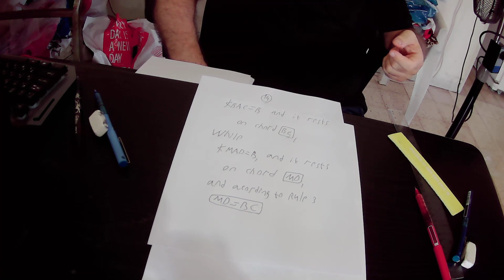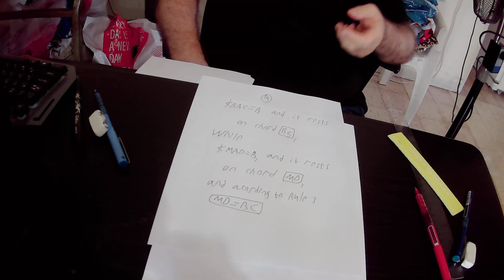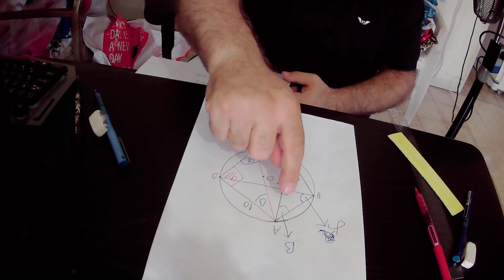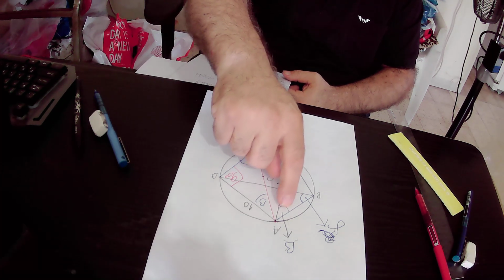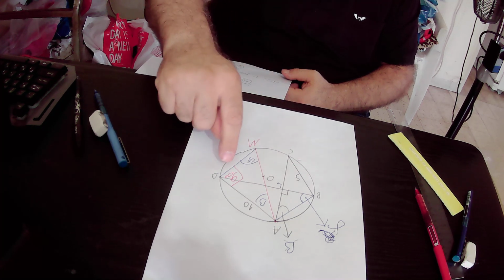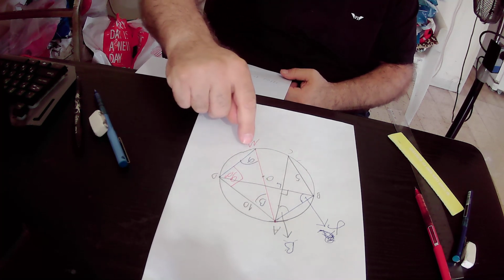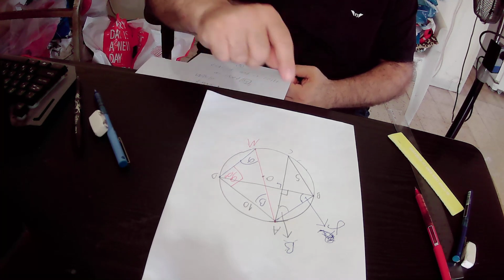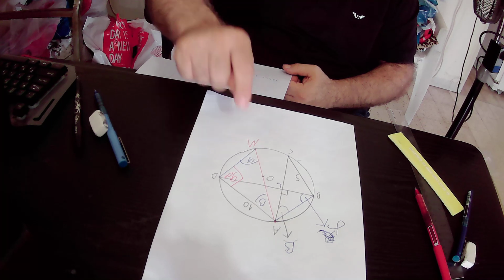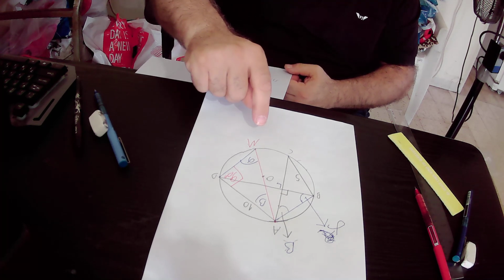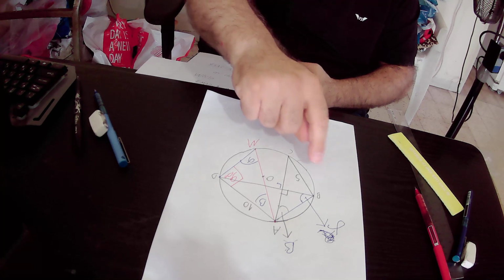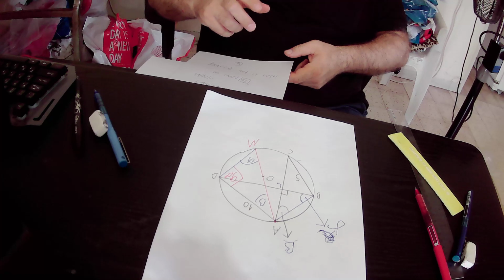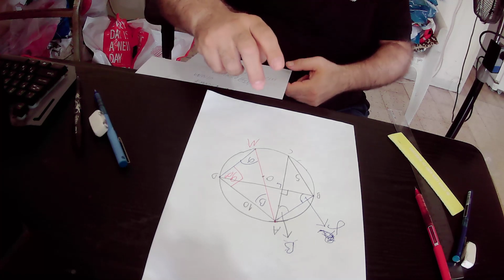MD equals BC because this is angle beta and it rests on chord BC, and this is also angle beta and it rests on chord MD. For that reason, according to rule number 3, they rest on equal chords. So MD equals BC, because equal peripheral angles rest on equal chords.